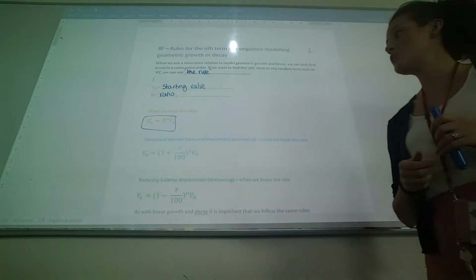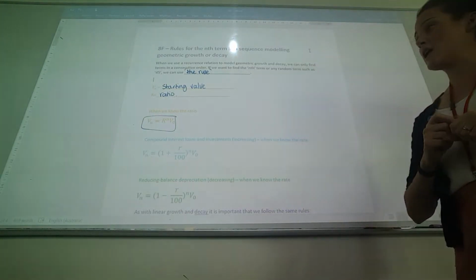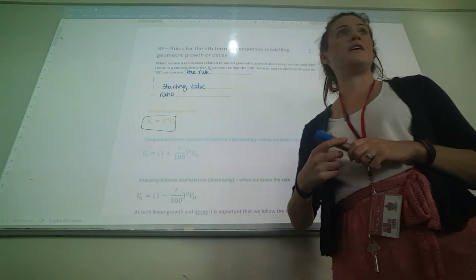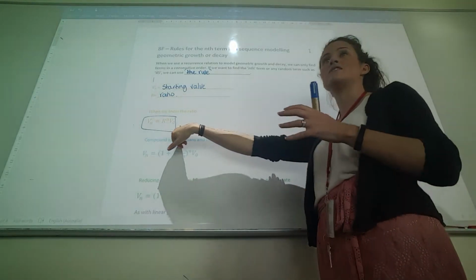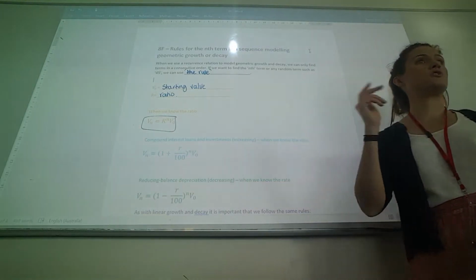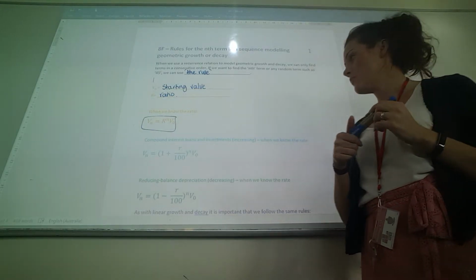So it's our ratio to the power of n times V0. And n is the number of years or the number of terms. Any questions so far? So we use this one when we're trying to find the 45th term, the 63rd term, the 10th term, or the nth term.